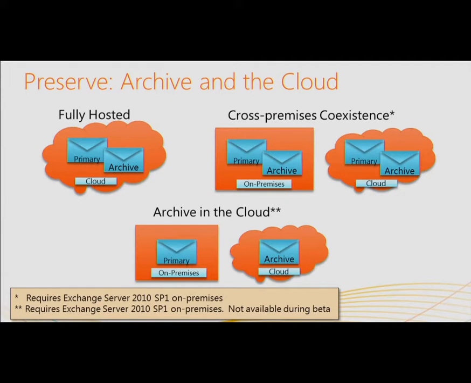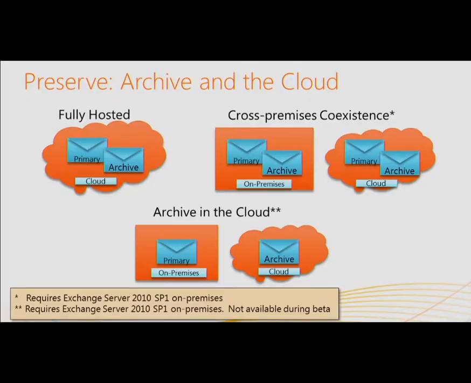And the methodology to actually set this up is you're going to need to set up federation between the on-premise Exchange server and the online server, like we discussed in the earlier session today, and then enable archive mailbox access in the federation organization relationship of Exchange server. And that's when you're going to be able to connect a primary mailbox sitting on premise to an online archive mailbox. So that's one way of putting it.